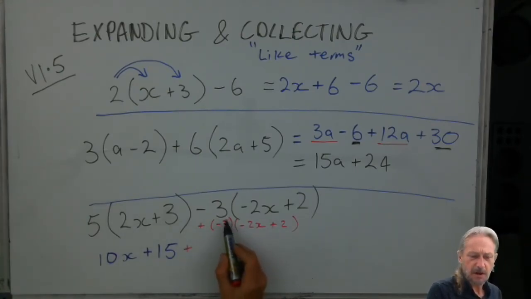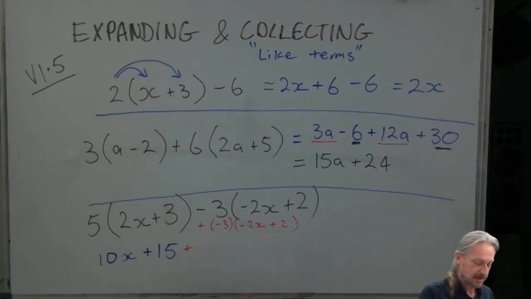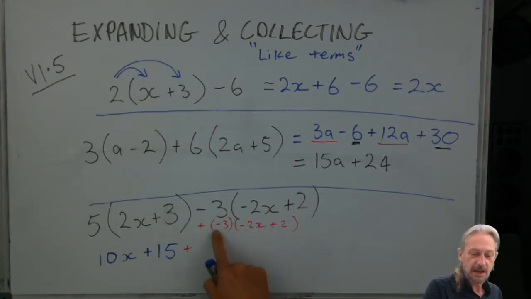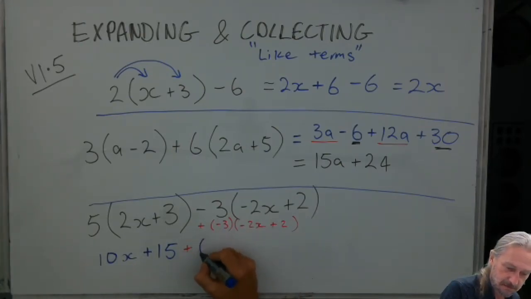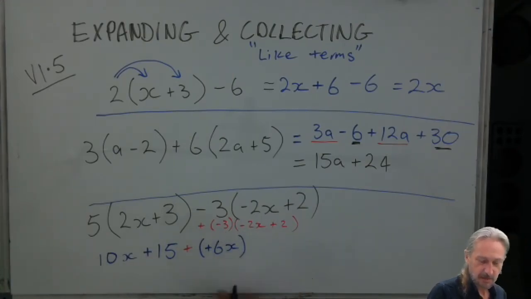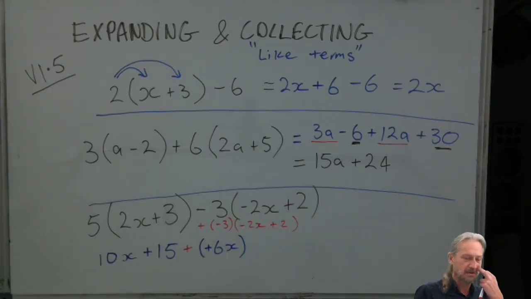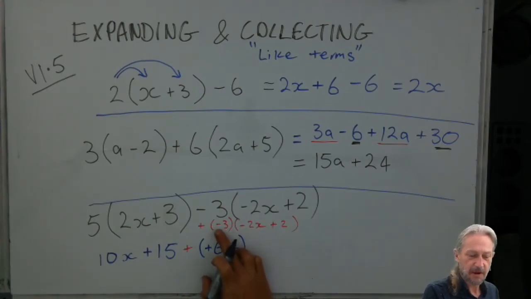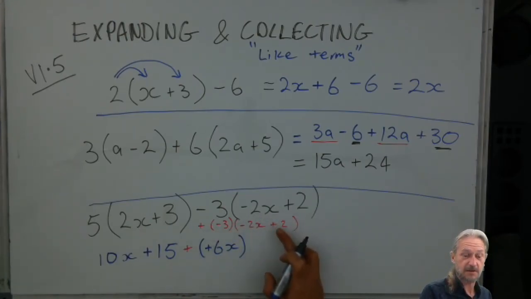And then we're multiplying negative 3 with negative 2x. So that negative times a negative becomes a positive. Positive 2 times 3 is 6x. So I'm just going to put brackets just around that term so we don't get confused. And then here we've got negative 3 multiplied by positive 2.